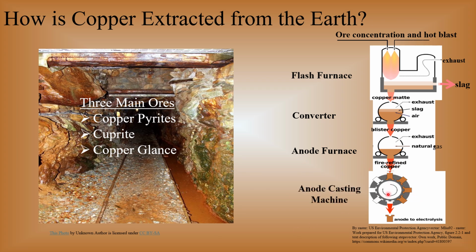It is then sent through to an anode casting machine, where it is poured into blocks, and these blocks are sent over to the final processing area where these anodes are placed into big vats with solution, and electrolysis occurs. When this occurs, any impurities are pulled out and attracted to the cathodes attached to that. And now we're left with nearly 100% copper.